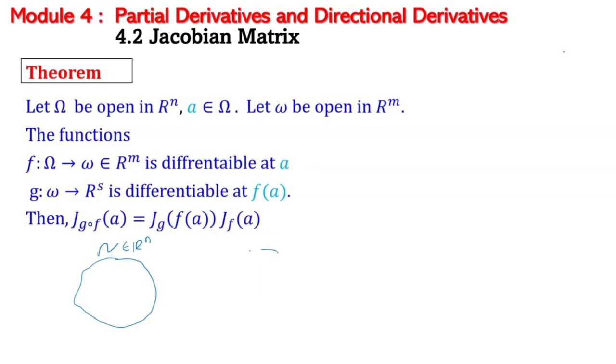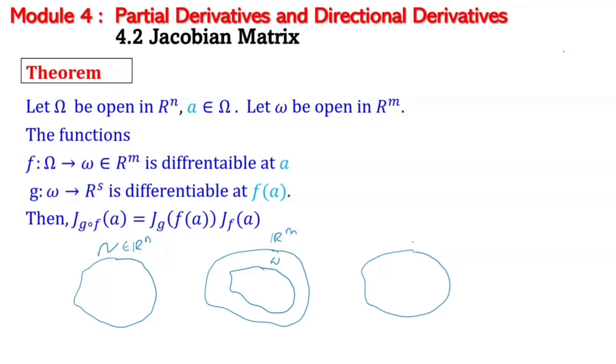Then there is a set small omega in R^m, and then from omega to R^s we have a function here, this is f, and this is g.